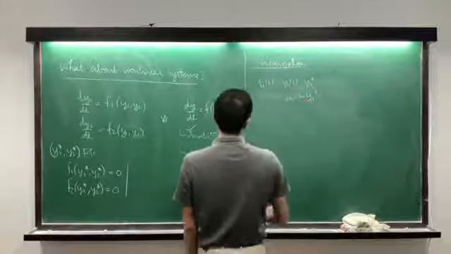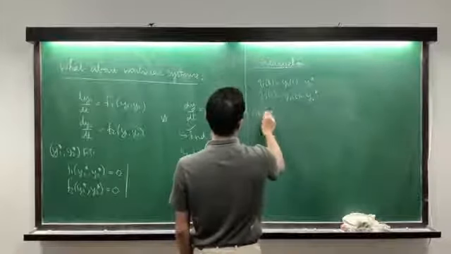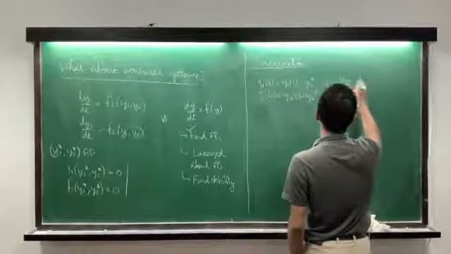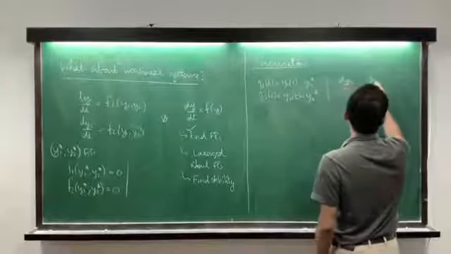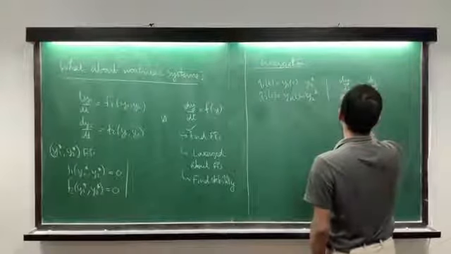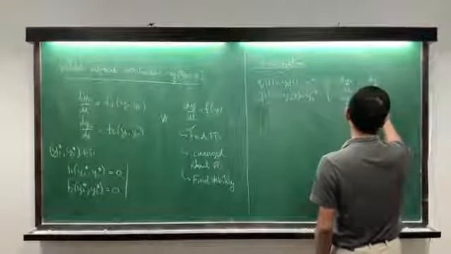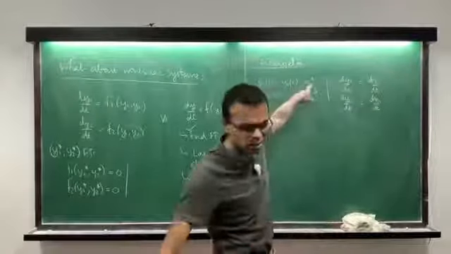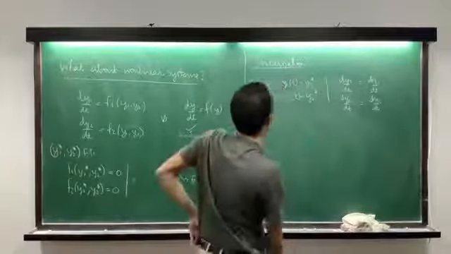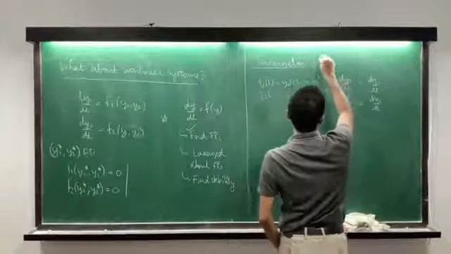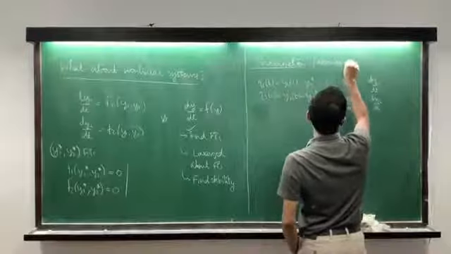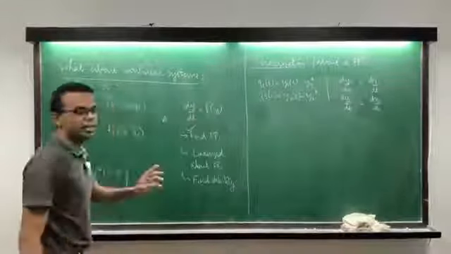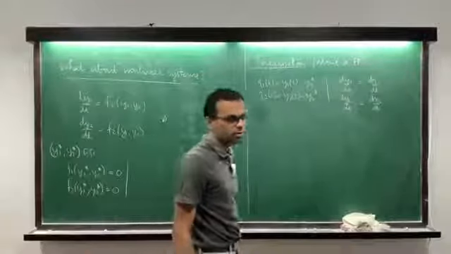Then dy1 by dt is the same as d eta 1 by dt, and dy2 by dt is the same as d eta 2 by dt, because y1 star, y2 star are constants, the fixed point coordinates. So the linearization, remember, has to be done about a fixed point. If you have multiple solutions to these two equations, then you have to linearize about each of them to find the stability of that particular fixed point.